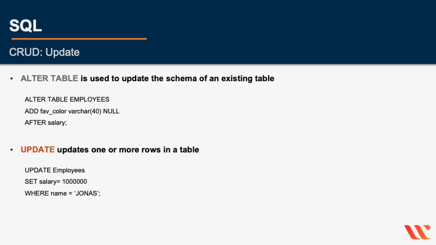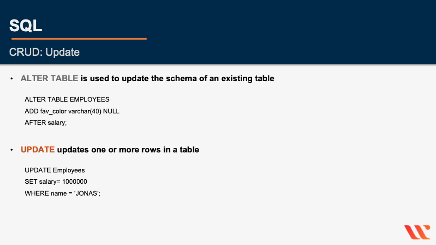Here we're changing the structure of the employees table by adding a new column called fav color to indicate the favorite color of employees. We are saying that's a varchar of 40 characters, and the null means that that column can accept nulls, and the position of that new column should be after the salary column.